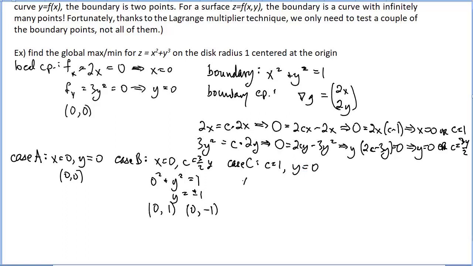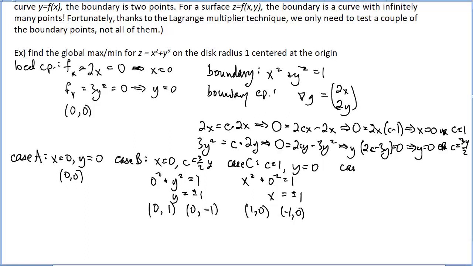So plugging that into the boundary equation, we get x squared plus 0 squared equals 1. So clearly solving, we easily get x equals plus or minus 1, and that gives us two critical points. We get x equals 1 with y 0, and x equals negative 1 with y 0.